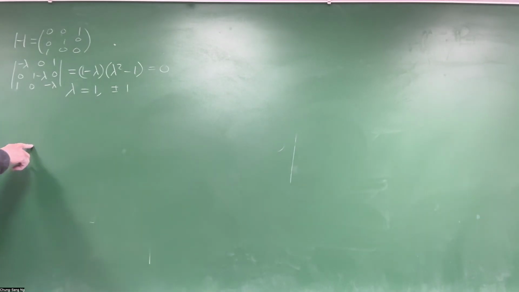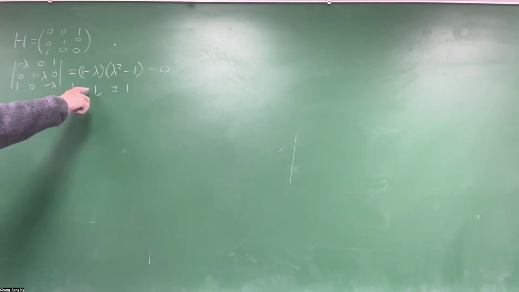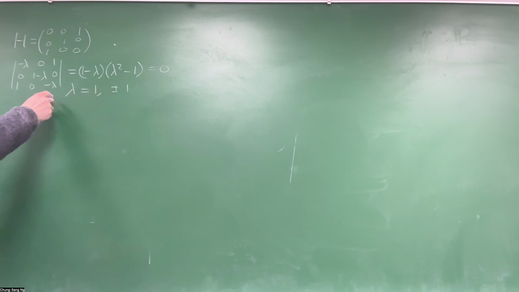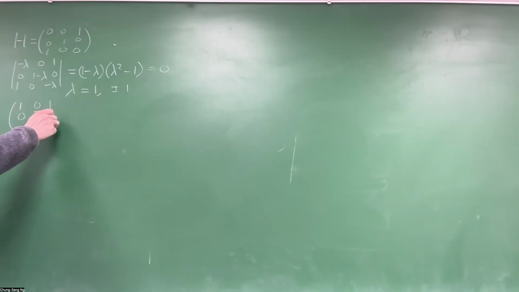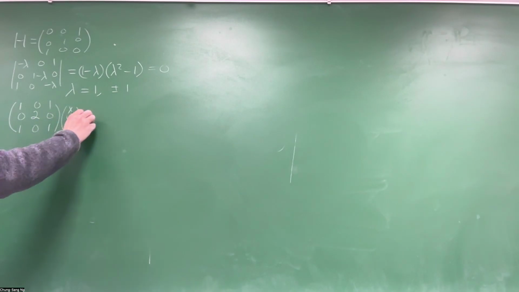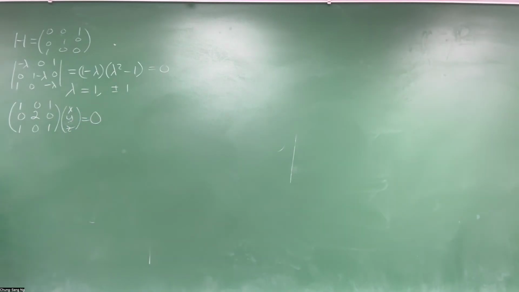So you can solve for the eigenvectors corresponding to these eigenvalues. Solve for the non-degenerate one, minus 1, first. So for minus 1, we have 1, 0, 1, 0, 2, 0, 1, 0, 1, times the vector, equals 0. Right?